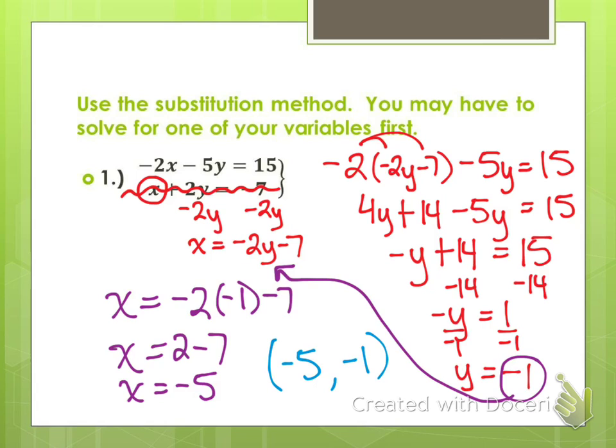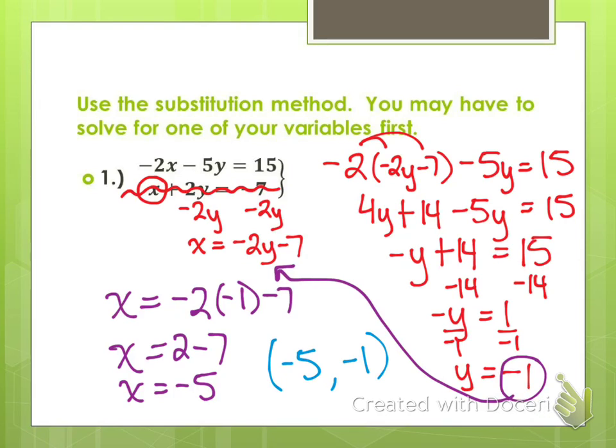Jamal? How come we're not plugging -1 in for x, in front of the parentheses? Where at? X equals -2y. Yeah, so we plugged in the -1 for the y, because we got y equals -1.